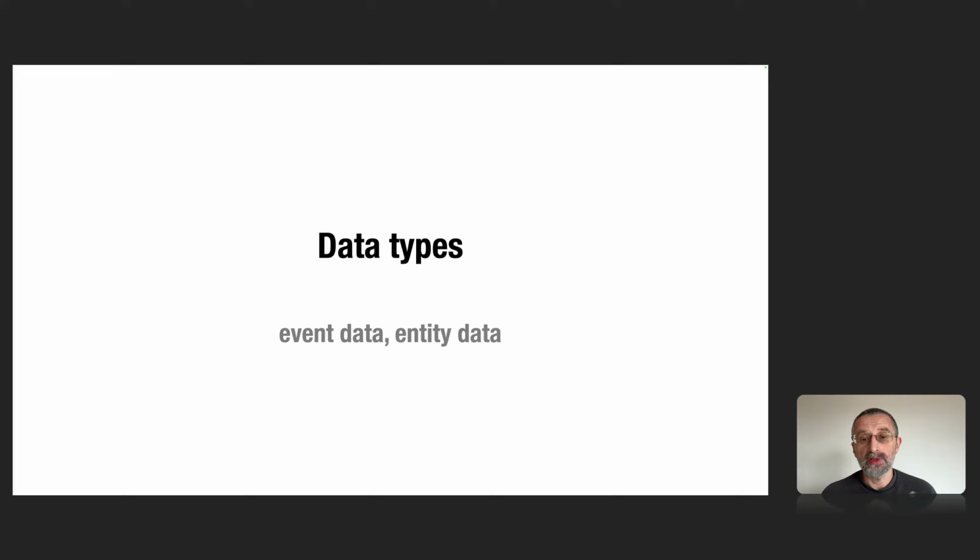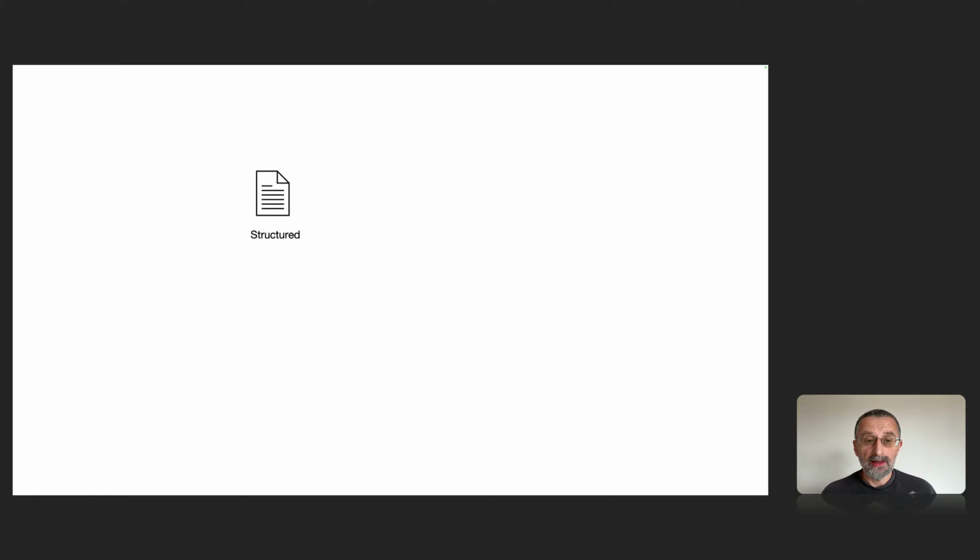Different data types we encounter in IT projects and specifically in machine learning projects. First, let's talk about structured, unstructured and semi-structured data. That's going to be the first distinction we are going to cover in the next few slides.